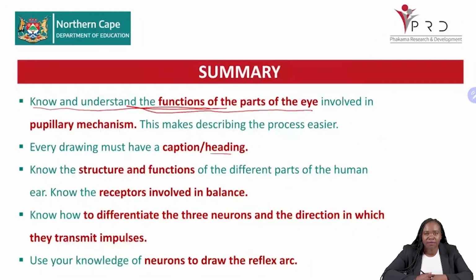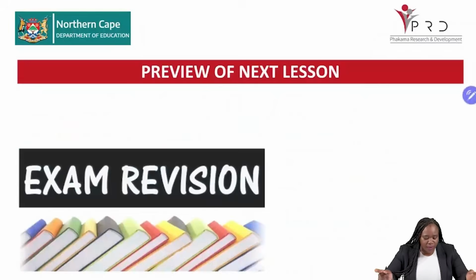You will not be able to give the direction, and therefore you would lose marks, because you might end up placing your motor neuron in the dorsal root or your sensory neuron in the ventral root, which then leads to you losing marks. So understand the little things, build up from that understanding, and then you will see that all of these things will be very simple, right? Now use your knowledge of the neurons to draw your reflex arc, then that makes it very simple, and you would be able to score as many marks as possible.